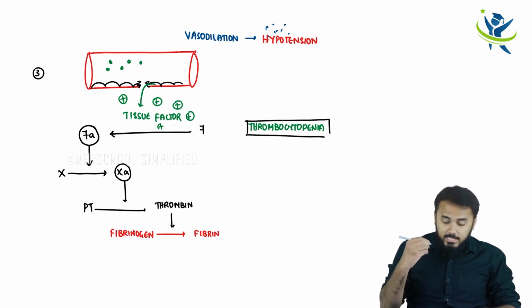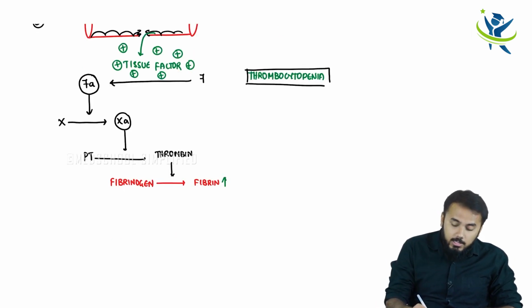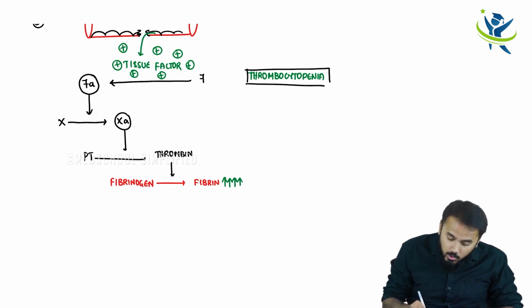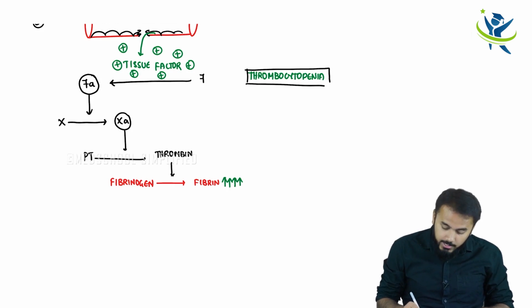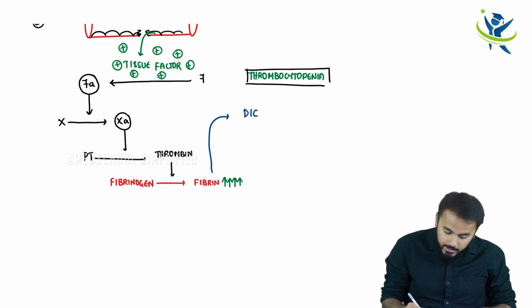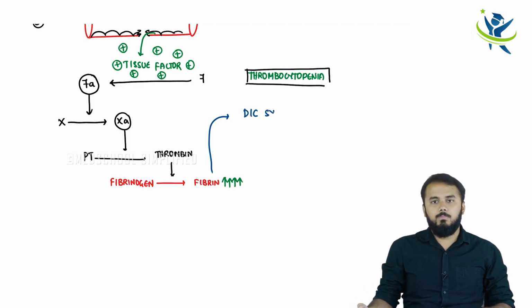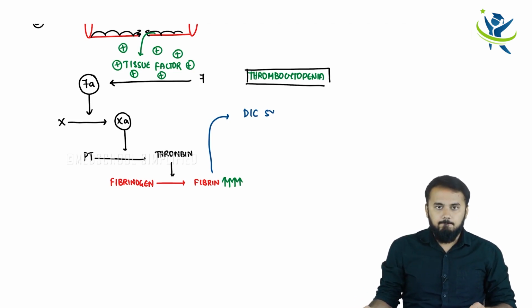When there is excess fibrin production, the clots formed in your body are also excess, and that is called disseminated intravascular coagulation, simply called DIC syndrome. Clear? Right?